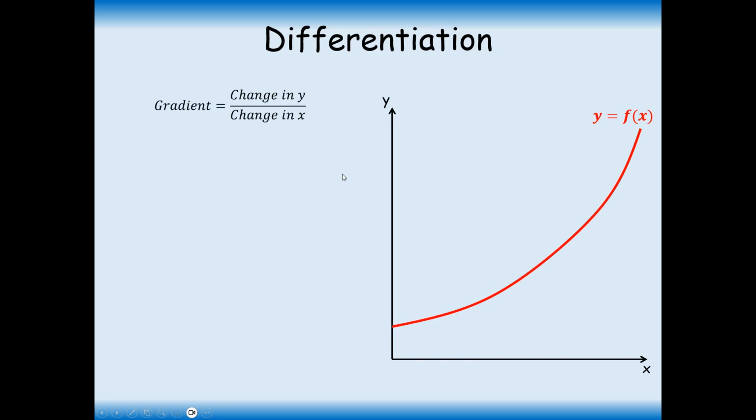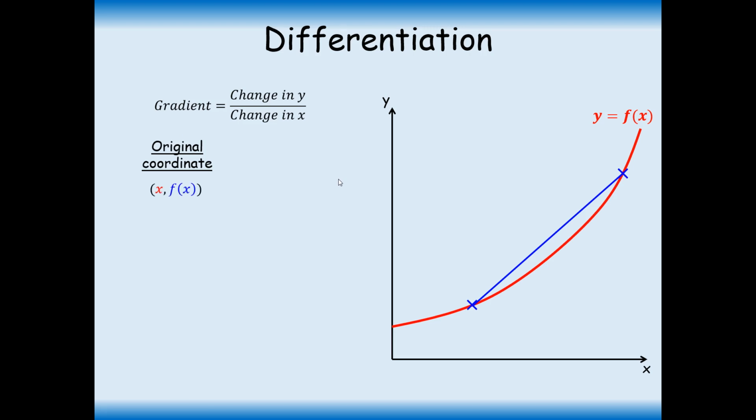Okay, so in year 12 we learned that the derivative of a function gives us a function that can calculate the derivative at any point, any x value that we are given. So where did that come from?